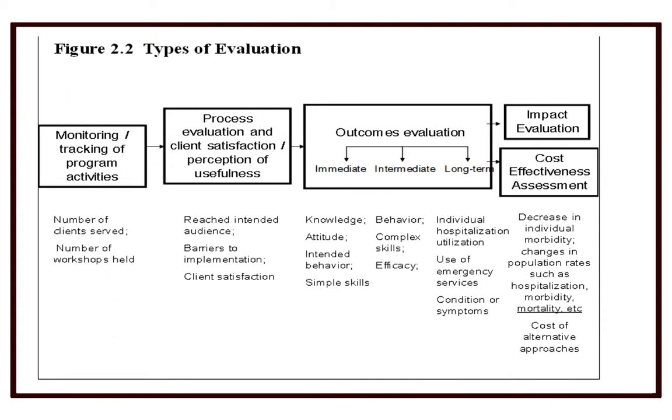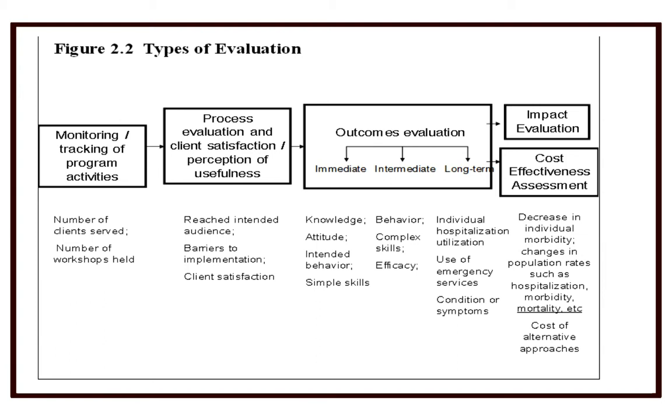It would be the bigger issues if it's about individuals, like morbidity, or it would be about the population, changes in population rates of these things, or about the community, changes in community systems and that kind of thing. So they're much beyond the individual, even in the next few years. And cost effectiveness assessment is about how much does it cost to achieve these outcomes for that population compared to some other kind of intervention with the same sorts of goals.